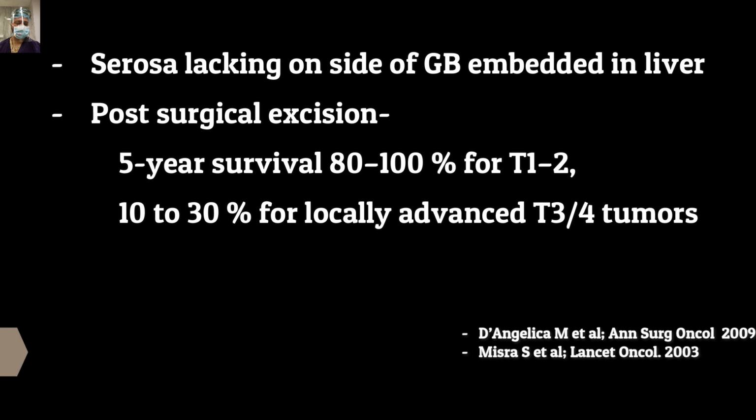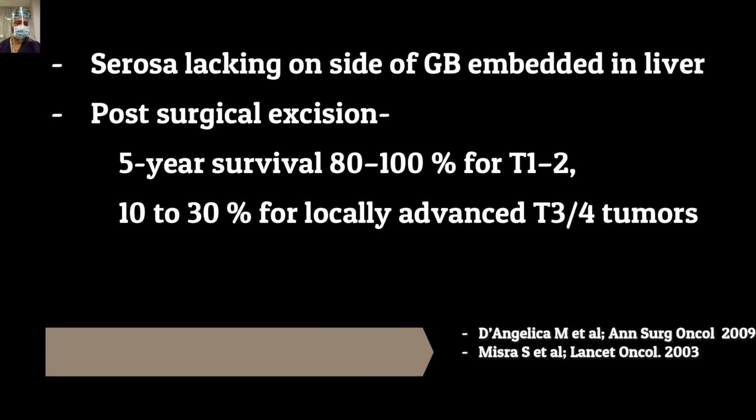The other peculiarity about the GB is that it is partly intraperitoneal, that is the serosa is lacking on one side, where it is embedded in the liver. And the 5-year survival is 80 to 100% for T1 T2 after the resection, but it goes down to 10 to 30% for locally advanced tumors, that is T3 T4 tumors.